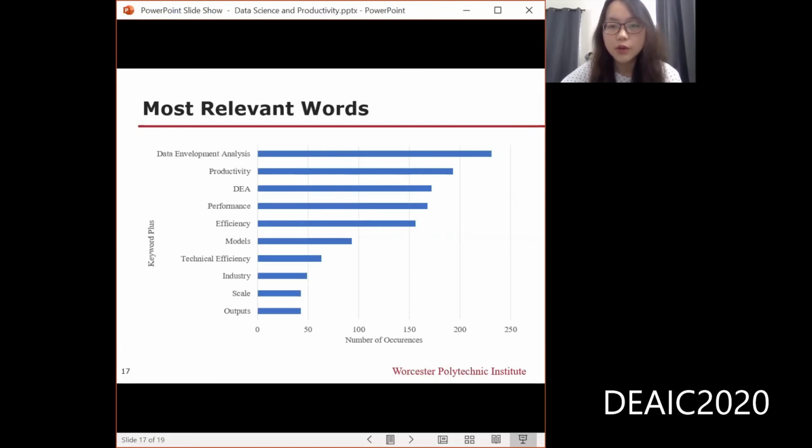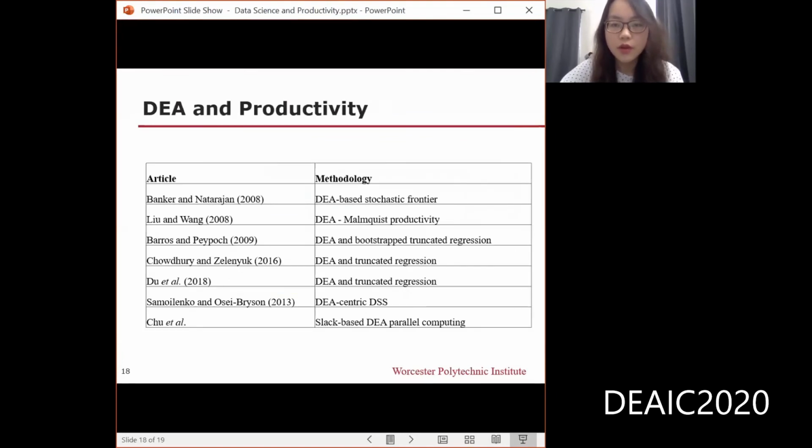This shows that most of the techniques used in our dataset are related to DEA. It can also imply that DEA is one of the most frequently applied data science approaches in the 533 articles. Therefore, we select some top studies regarding DEA and productivity to discuss in detail.